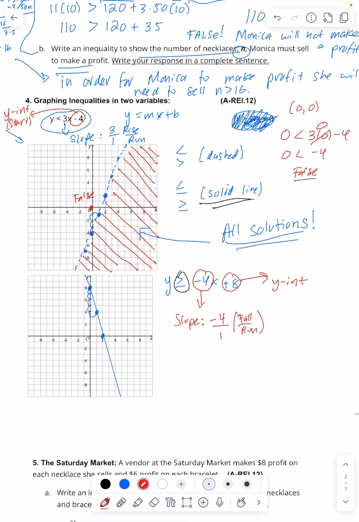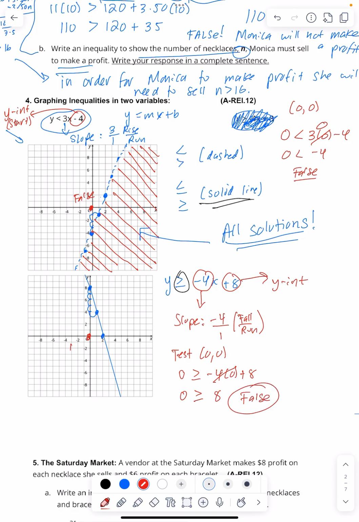So I'm going to test 0, 0 again. And let's check it. So 0 is greater than or equal to -4 times 0 plus 8. So we get 0 is greater than or equal to, this is 0, so 8. 0 is greater than or equal to 8. False.